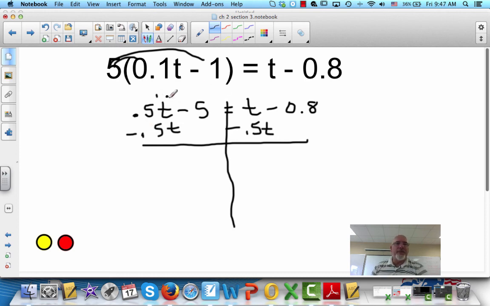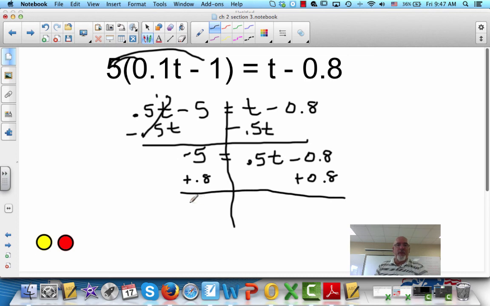And these cancel each other out, and you're left with negative 5 equals 1t minus 0.5t gives us 0.5t minus 0.8. We want the t's to be by themselves, so we get rid of this by doing a positive 0.8 and a positive 0.8.